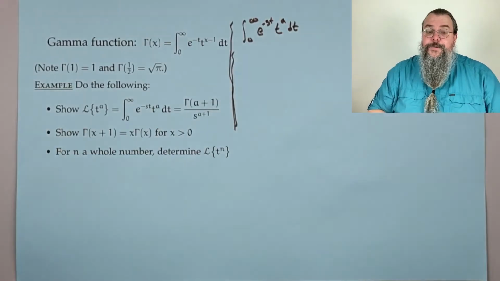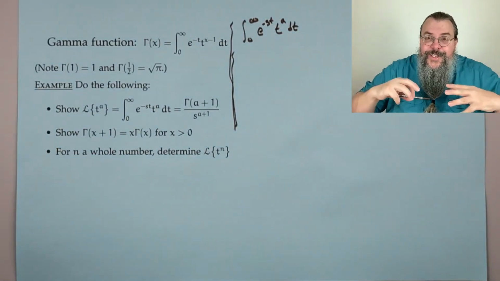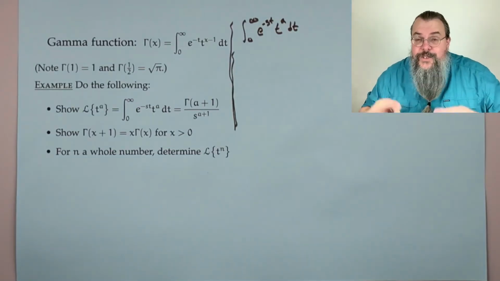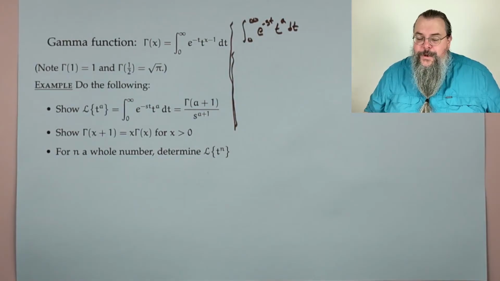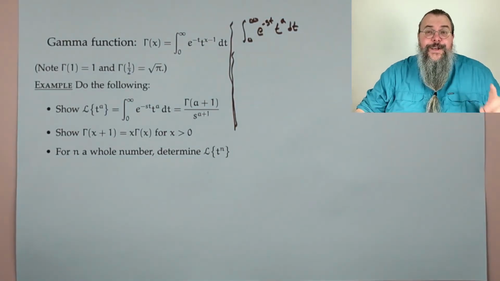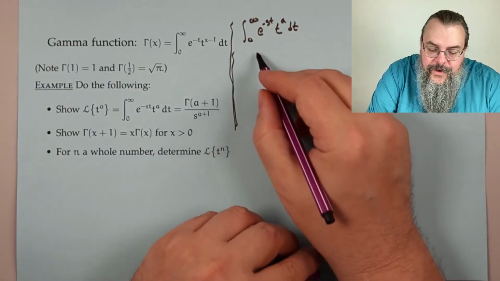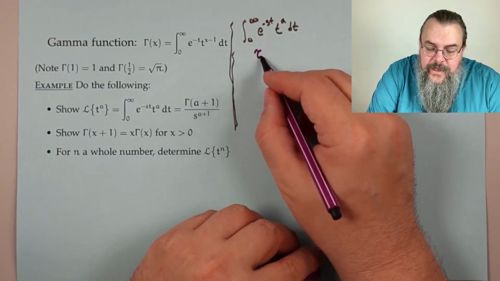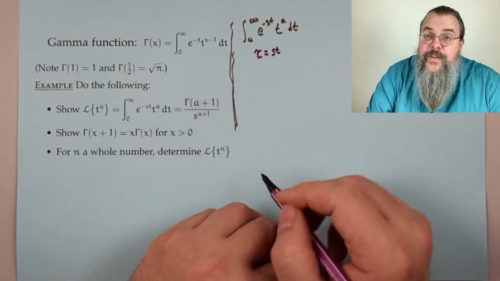So what can we do? Well, we want to turn st into just t. How does one do that? Well, we reach back and we say, we have good rules. And one of our good rules is called substitution. So we're going to let tau equal s times t.